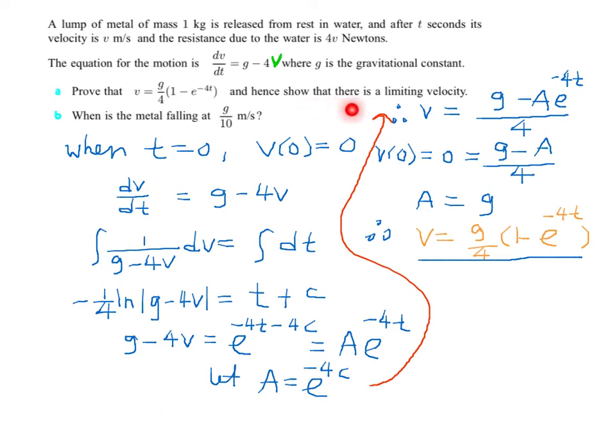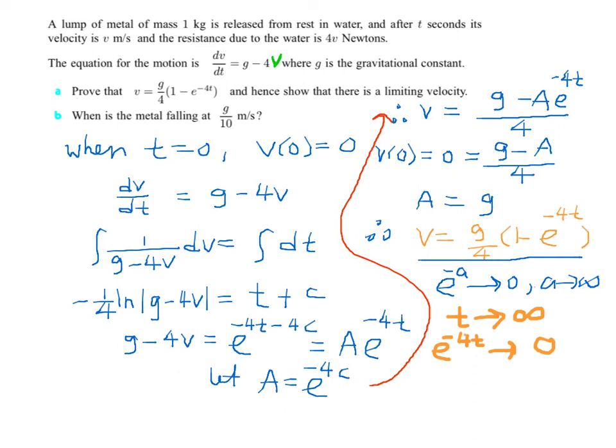Well, show that there is a limiting velocity. The idea is that e to the power of a negative number would tend to 0 when the exponent tends to really huge values, a concept that you must recall. With that in mind, you can see that when t tends to infinity, the term e to the power -4t would approach 0.